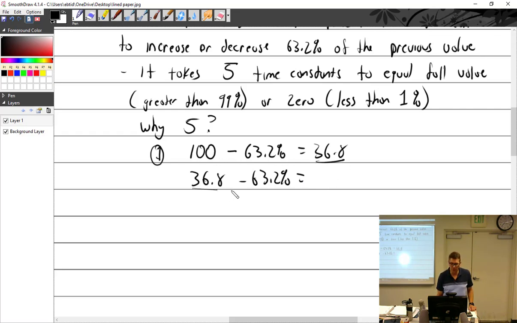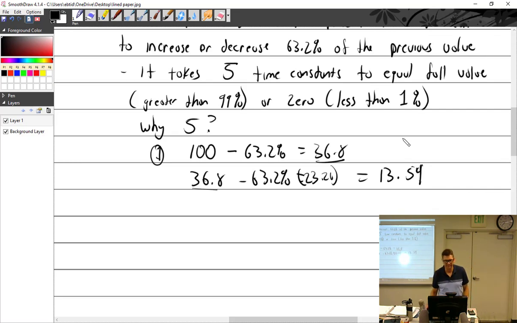Now it's at 36.8, and we have to subtract 63.2% of this number, which is, what would you guys get, like 23? 23.26, somewhere around that. You're going to end up with 13.54. Did I lose everybody here?